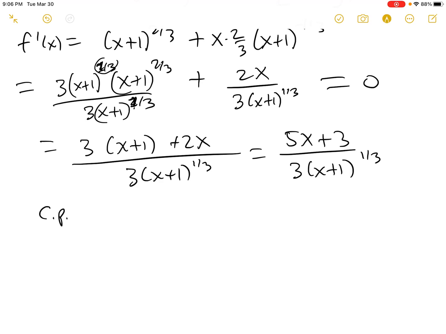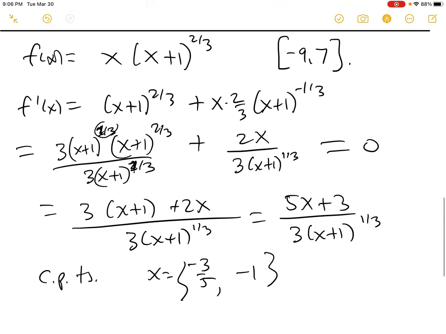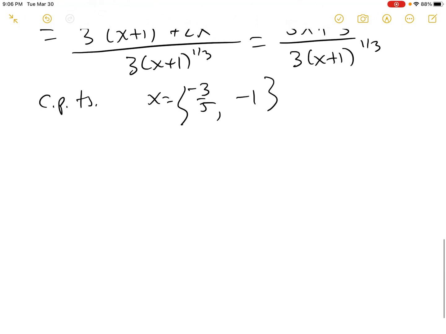So this gives us interior critical points x equals minus 3/5 and minus 1. And we know the other ones, they're minus 9 and 7, so we have minus 9, minus 1, minus 3/5, 7.